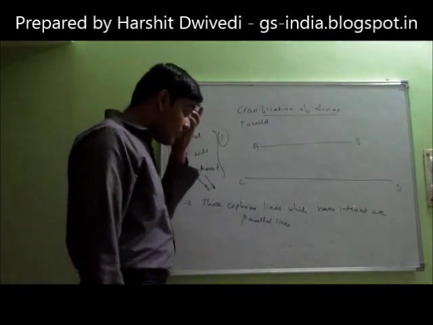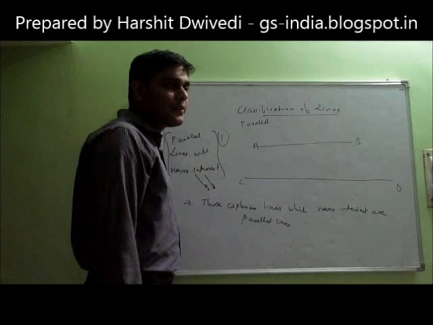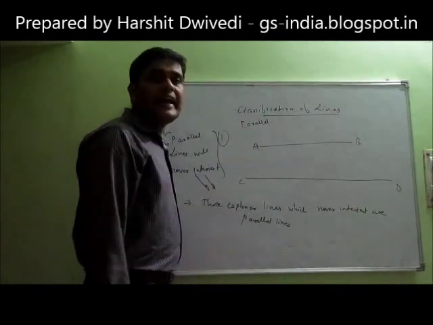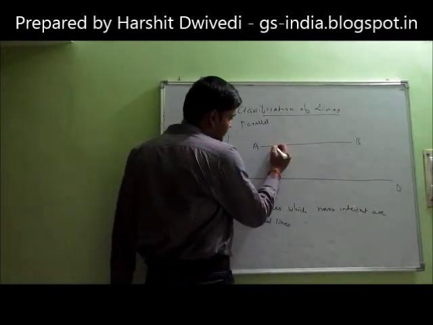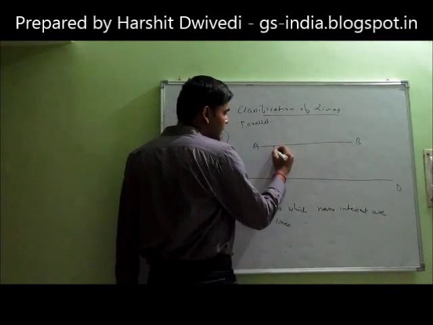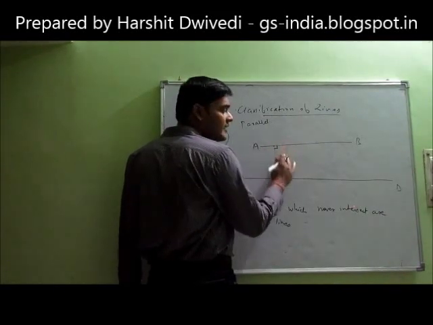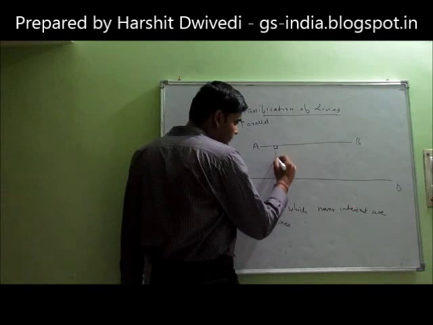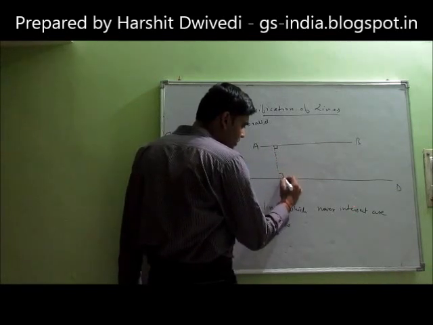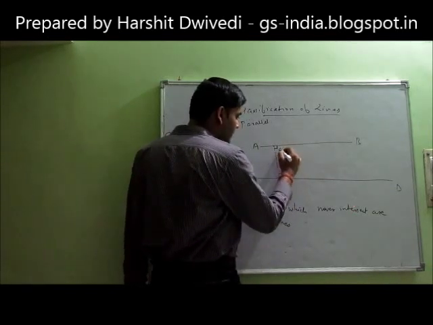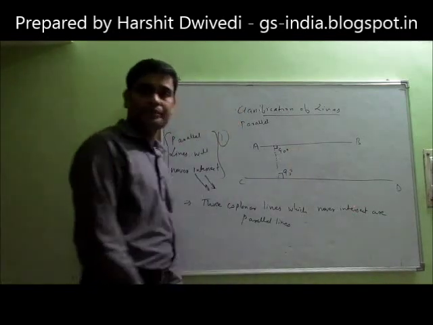Now, the perpendicular distance between two parallel lines. Suppose this is a point. If I draw a perpendicular from this point, that is at an angle of 90 degrees, and join this point, this is also 90 degrees.